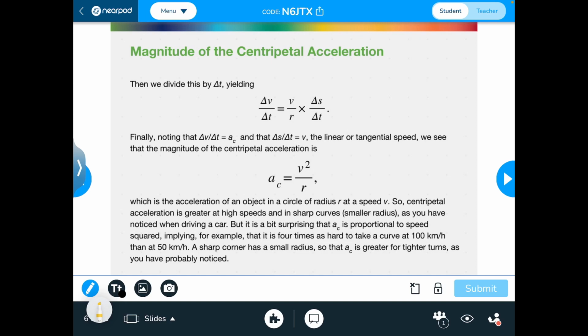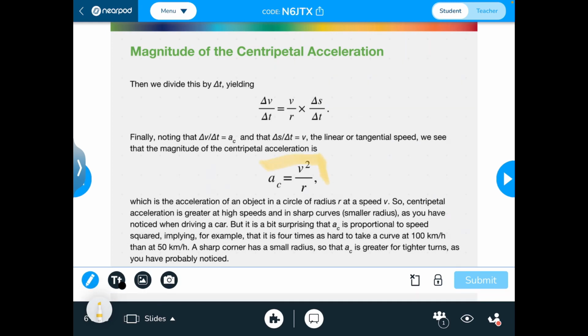Then on the other side, we have this multiplication occurring. But if you recall from our last video, delta S over delta T was also the linear or tangential speed. So that means we have v over r times v. So we really have the velocity squared over r, and that is the equation we want to write down.